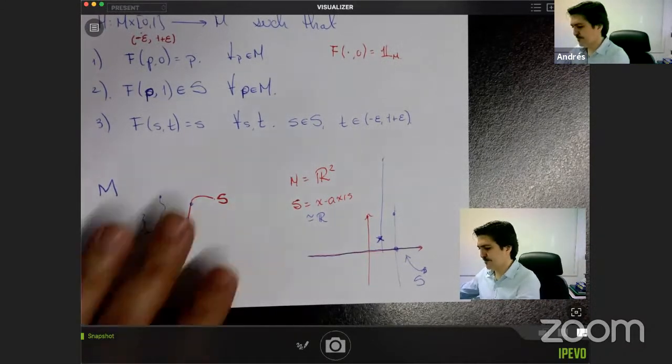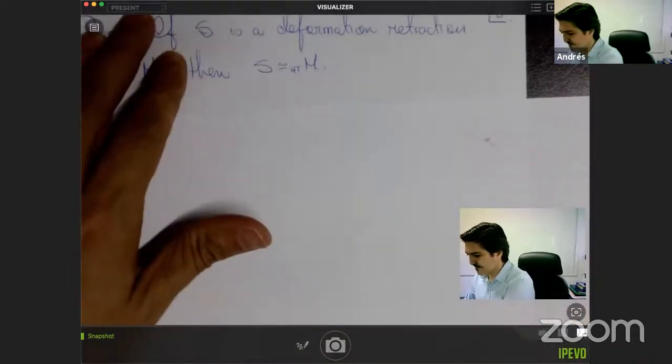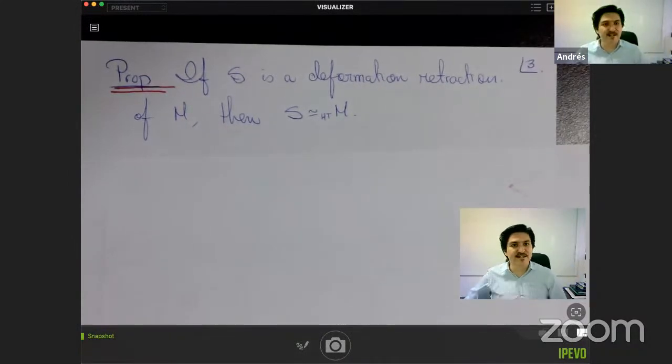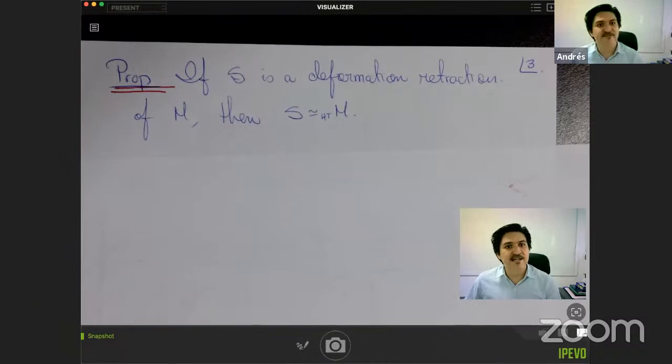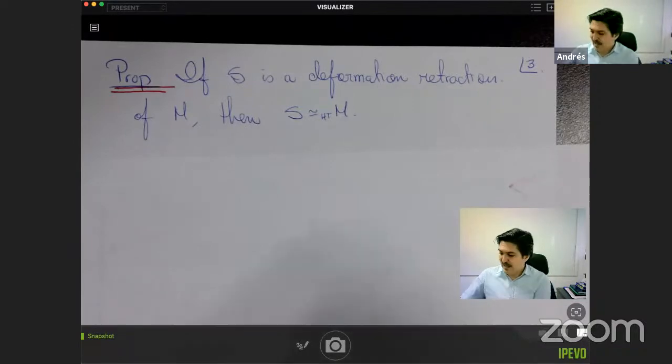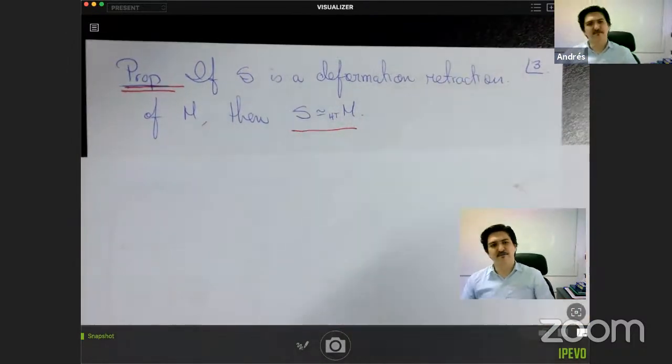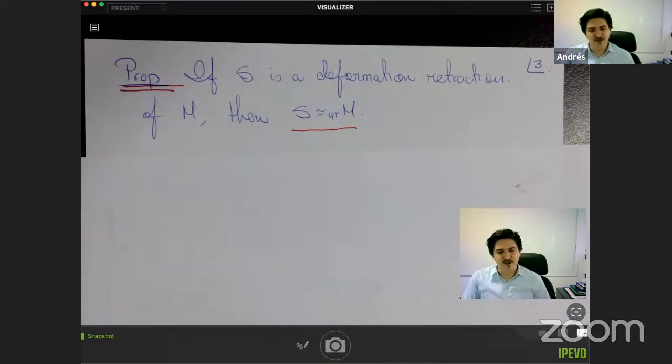Great, so let's move on then. This is exactly the next line of ideas. If S is a deformation retraction, then both spaces have the same homotopy type. And again, this is good for us because that means they have the same cohomology. Good.